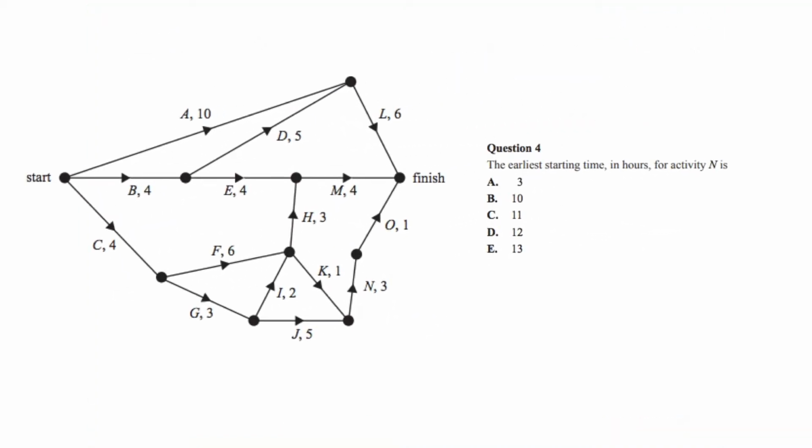Determine the earliest starting time in hours for activity N. To do that, we need to look at the activities that need to be completed before activity N from start to finish. These activities are C, G, F, I, J, and K.